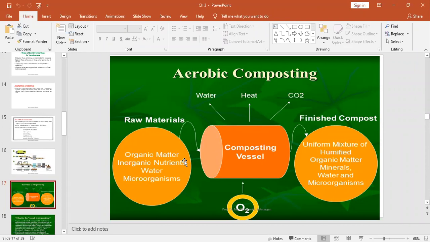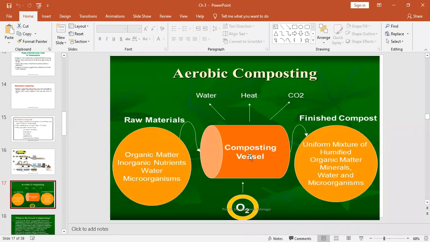You can see here the different stages involved in vessel composting. Organic matter, inorganic nutrients, water, and microorganisms together are collected and dropped into the vessel-type container, and oxygen is allowed to enter the vessel. From the vessel we can release water, heat, and carbon dioxide, and mixing is performed.